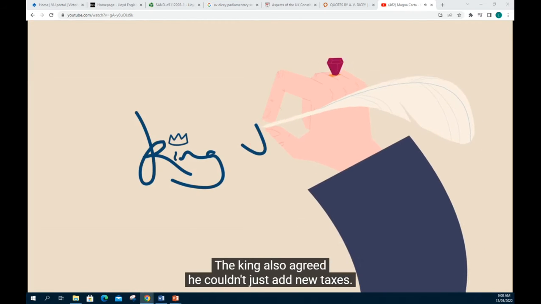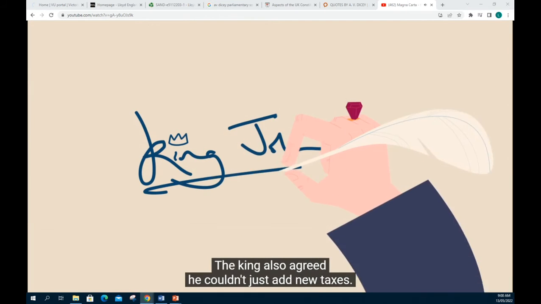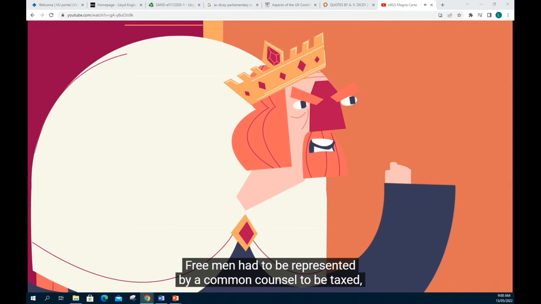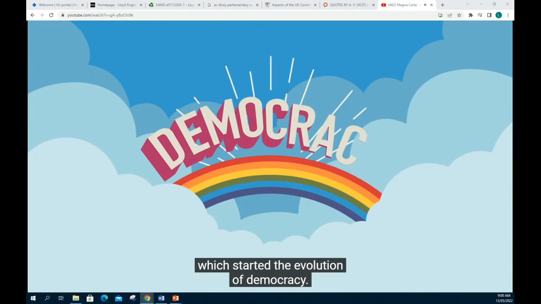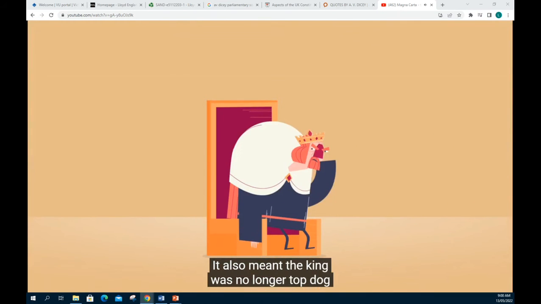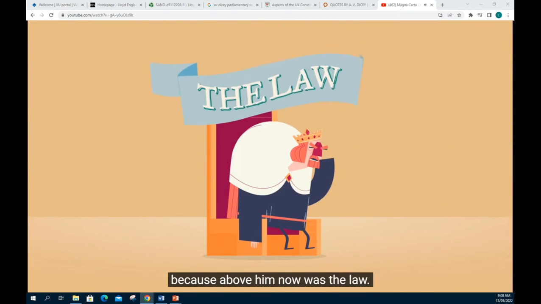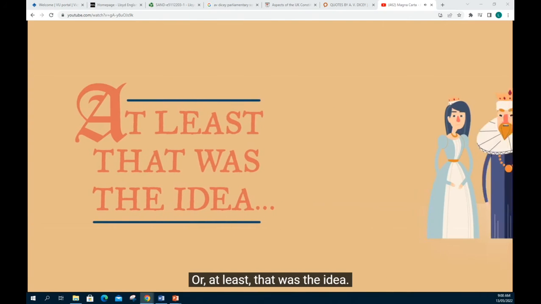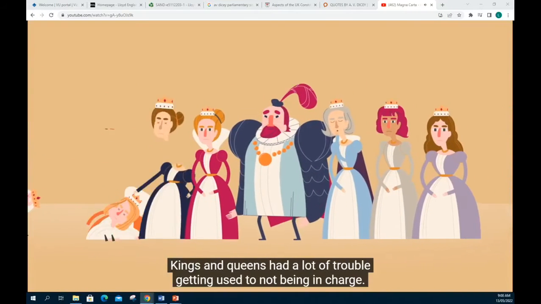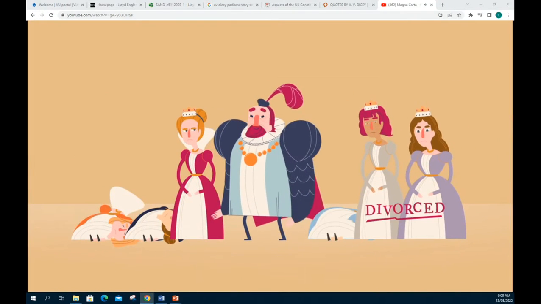The king also agreed he couldn't just add new taxes. Free men had to be represented by a common council to be taxed, which started the evolution of democracy. It also meant the king was no longer top dog, because above him now was the law. Or at least that was the idea. Kings and queens had a lot of trouble getting used to not being in charge.